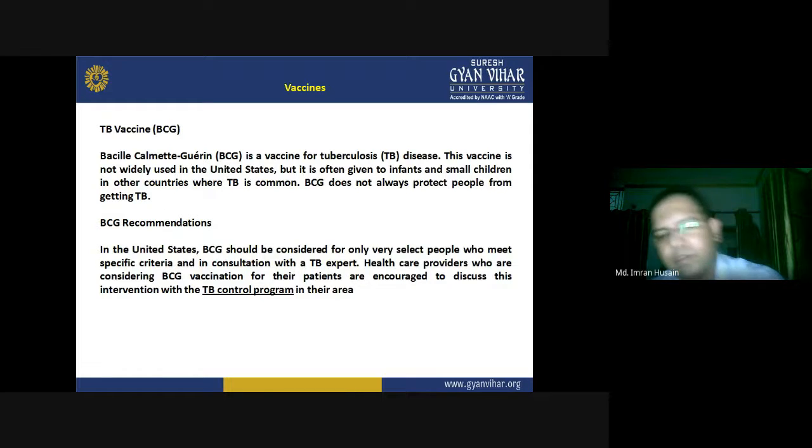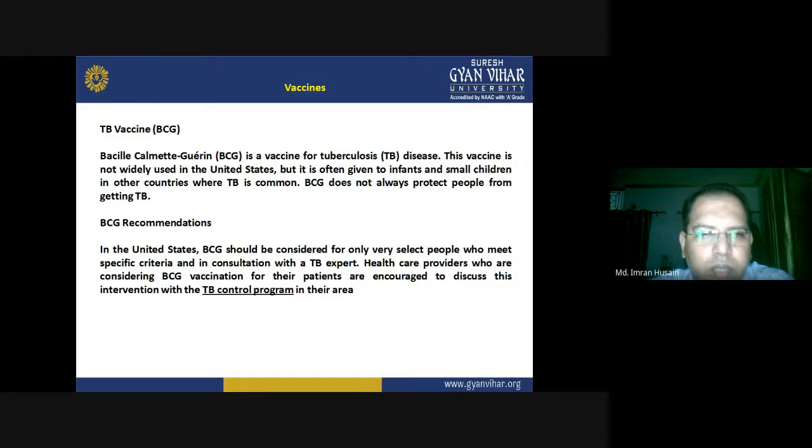Treatment must be received properly. So, the TB vaccine, BCG, Bacillus Calmette-Guérin, is the vaccine for tuberculosis.